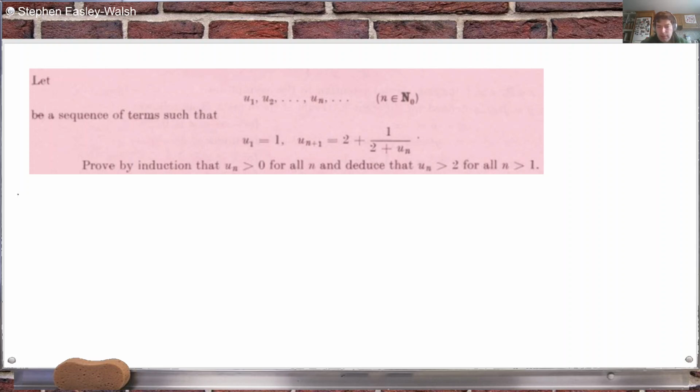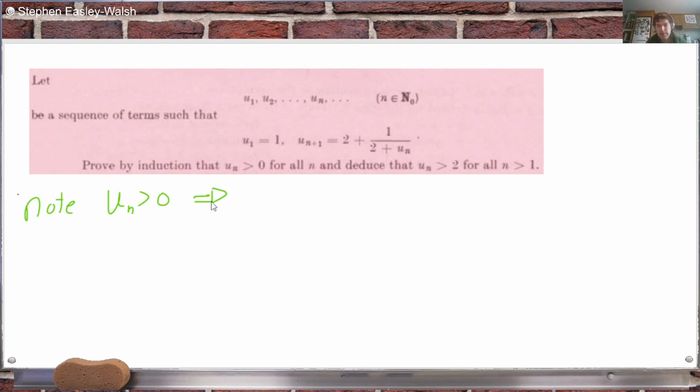Gonna have to think a moment about this one. Okay, yep, I see it now. So note that we know that UN is positive.